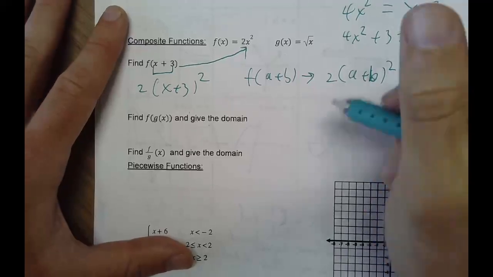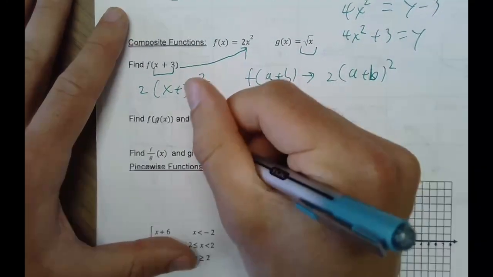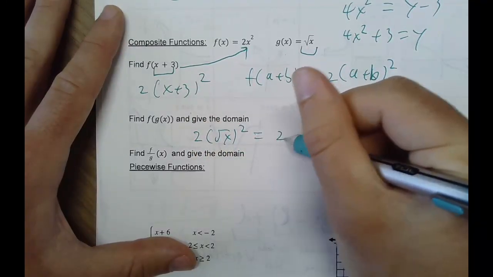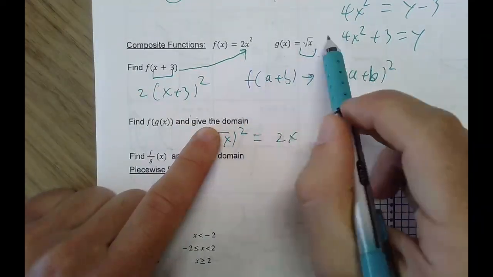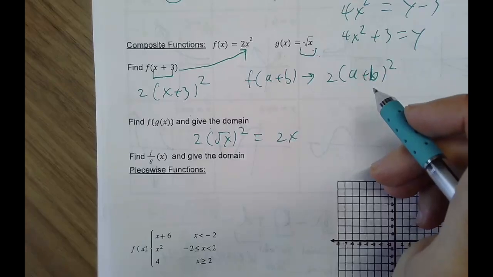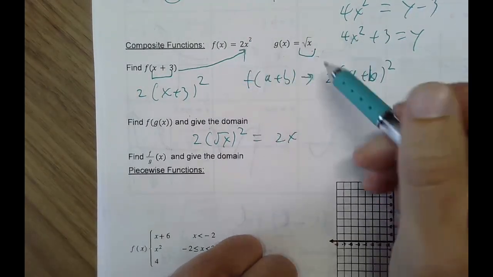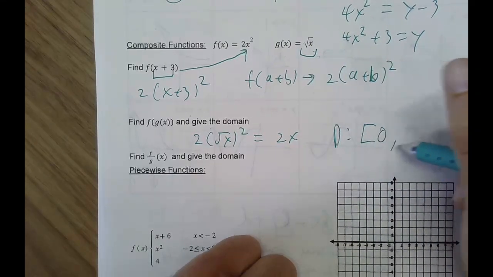F of g of x means take this function and replace it for the x inside f. So 2 times root x quantity squared, that's just 2x. For the domain, it's the overlap or the intersection of the domains of the composite. So the domain of 2x squared is all real numbers, but the domain of root x is 0 to infinity.